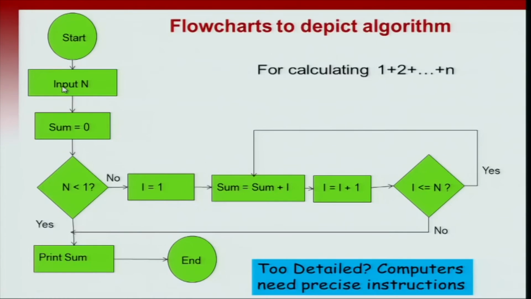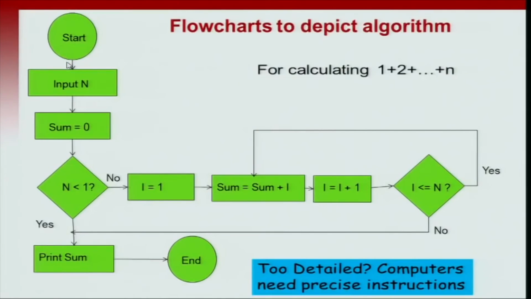Suppose you want to write an algorithm for adding the first n numbers. All of you know how to do it. The point is, how do you describe this step by step to somebody who doesn't know it already. First, you have to take the upper limit n, and then you have to sum them up.